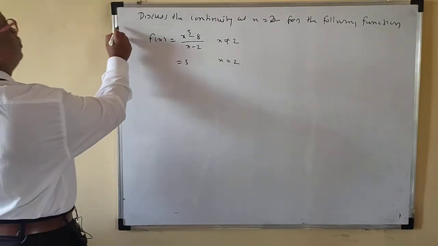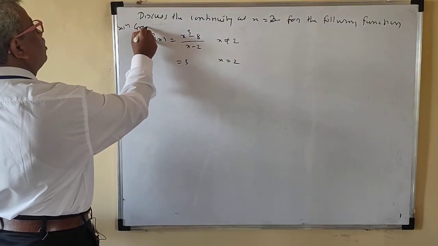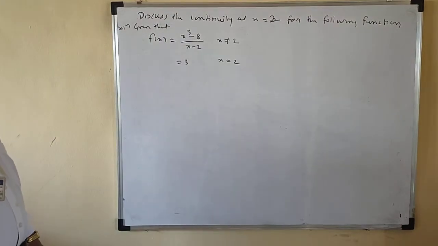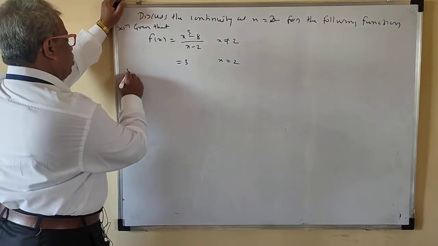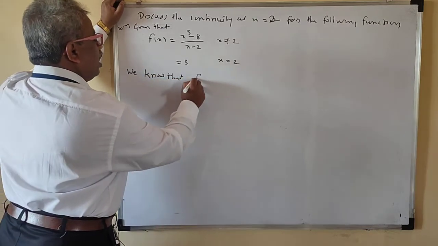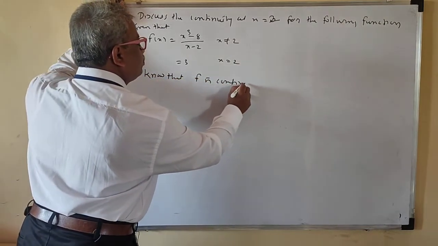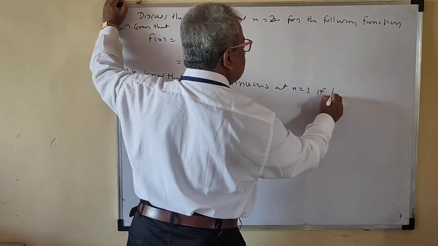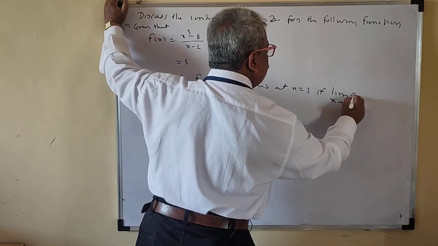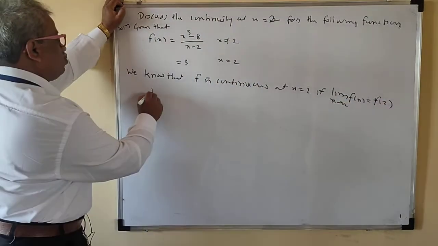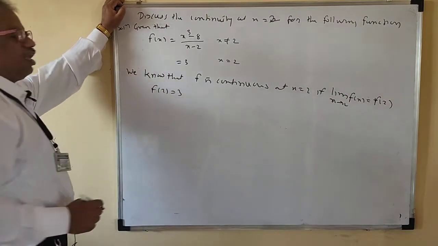Okay. Solution, given that f of x is equal to x cube minus 8 upon x minus 2 and this. We know that f is continuous at x is equal to 2 if limit x tends to 2 f of x is equal to f of 2. Okay. So now f of 2 is 3 now.